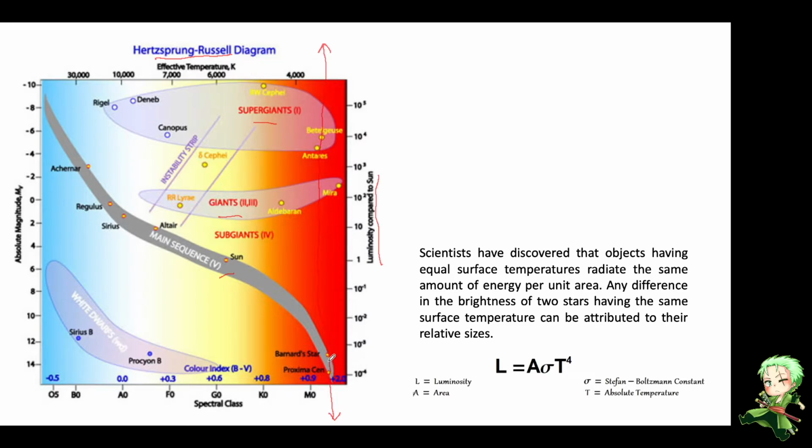Although they have the same temperature, makita na nimo class na they have different masses and sizes, because we know that Betelgeuse is a supergiant, and Proxima Centauri is near this end of the main sequence spectrum here.